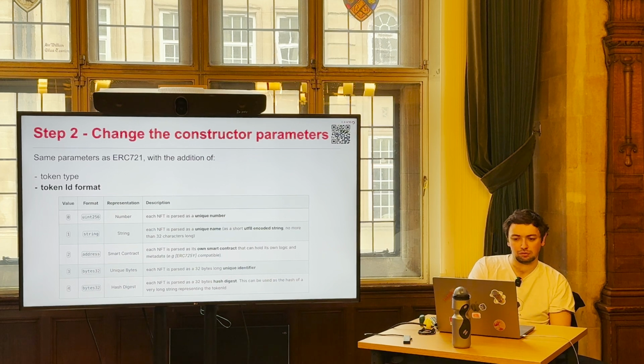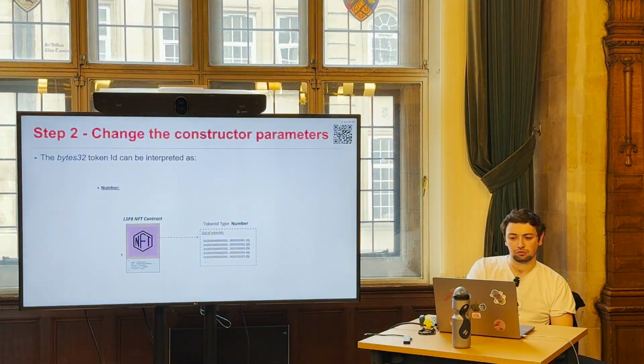You can say it's a number that gets incremented, or it's a unique name, or it's an address, like another smart contract, if you want each token ID to be advanced like NFTs, or a unique identifier, or more randomized, like a hash digest of a specific string.